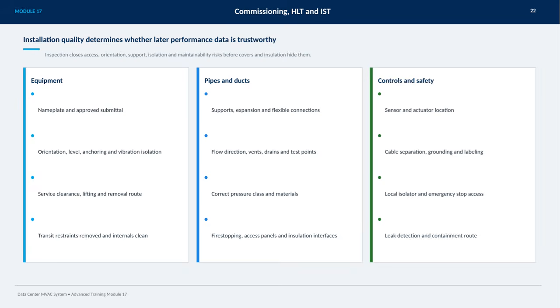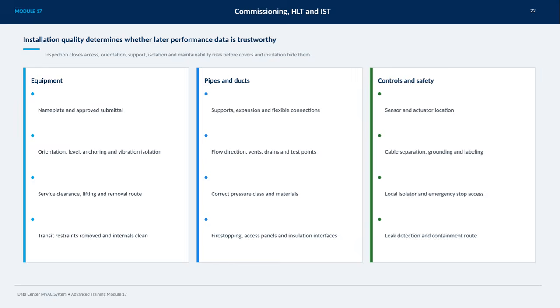For controls and safety, sensor and actuator locations must be accurate, cable separation and grounding correctly done, and all labeling clearly visible. Finally, access to local isolators and emergency stops, as well as leak detection and containment pathways, need to be confirmed. This thorough inspection process ensures that once the system is covered up, no hidden issues compromise future operation or data integrity.